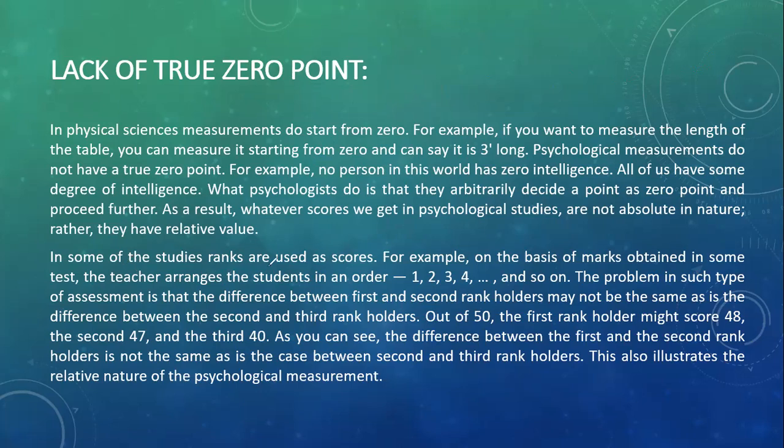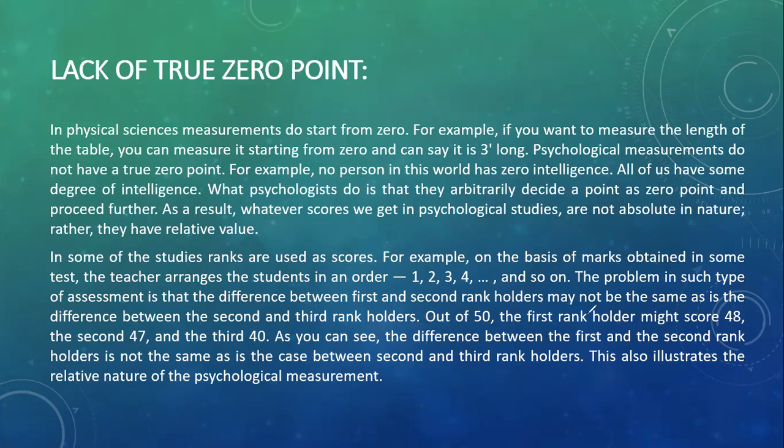Okay, in some of the studies, ranks are used as scores. For example, on the basis of marks obtained in some test, the teacher arranges the students in an order 1, 2, 3, 4, and so on. The problem in such type of assessment is that the difference between first and second rank holders may not be the same as the difference between the second and third rank holders.